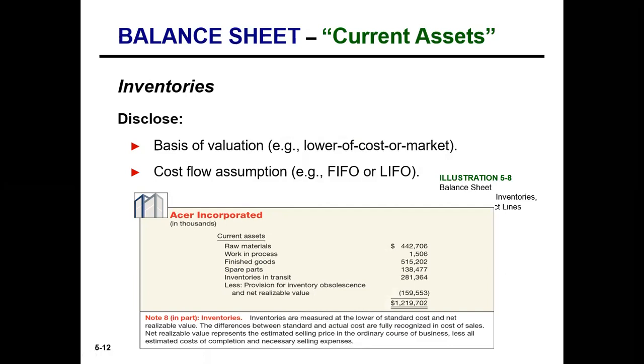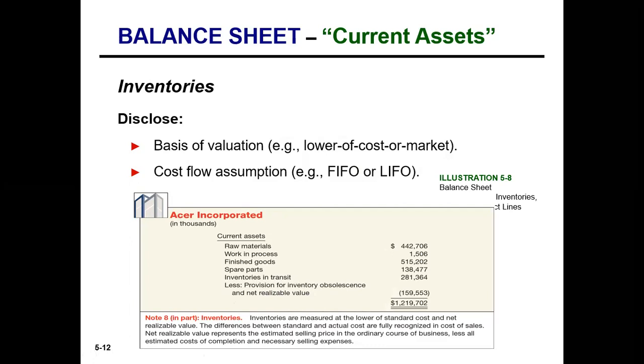There'd be one main inventory account. But then we think about some other things that would be hidden here, maybe spare parts, inventories in transit. And then we might estimate or put a provision in for any inventory that might be obsolete, which is that inventory obsolescence.